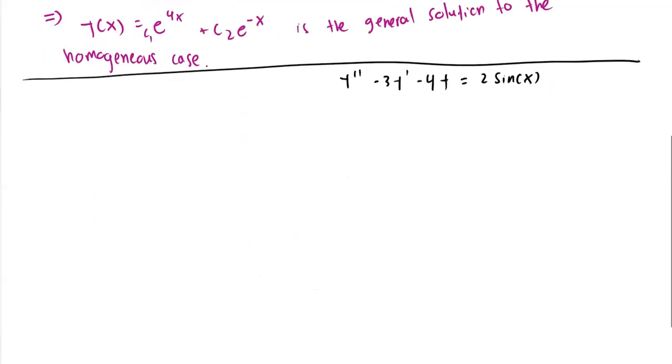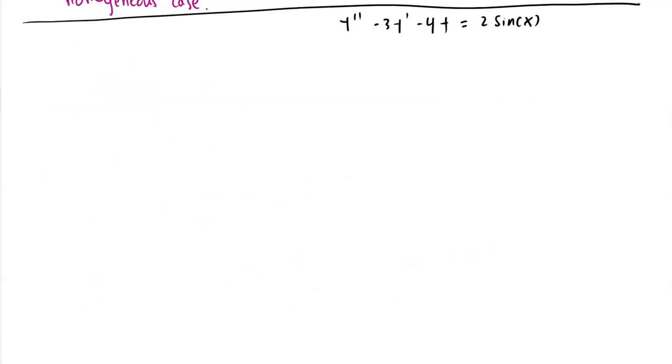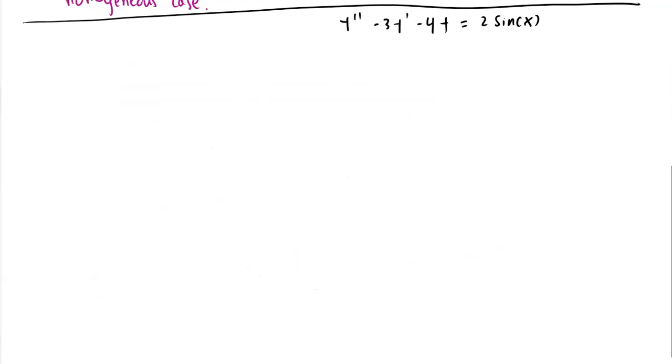And then as before, we're going to see what assumptions are reasonable to put on our particular solution y sub p. So what assumptions should we put on this function? Again, we're going to inspect the ODE and see, based on the ODE, what is reasonable to use.